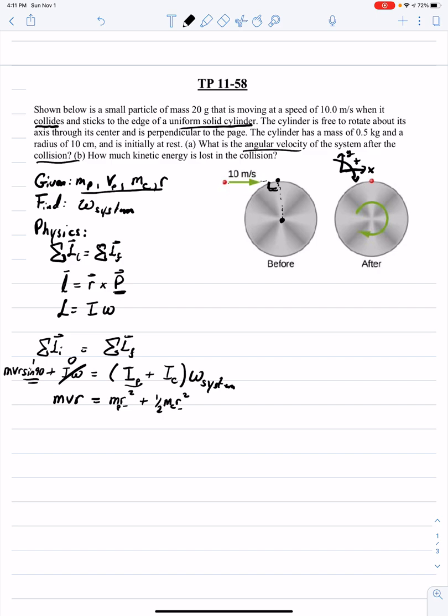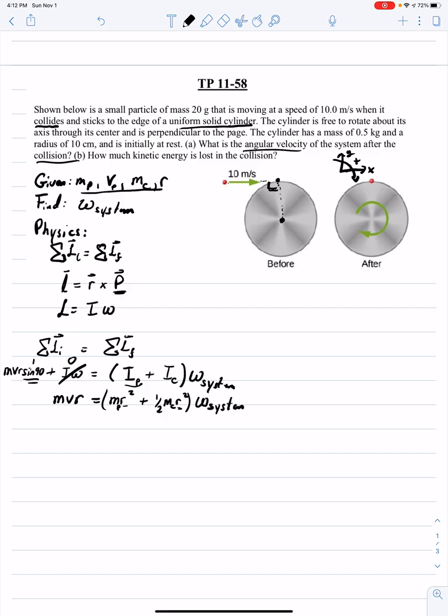Because the particle is at the edge of the cylinder, they both have the same radius when it comes to the moment of inertia of the system. And we have the angular velocity of the system.